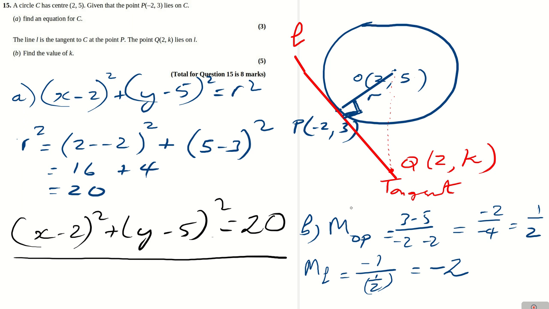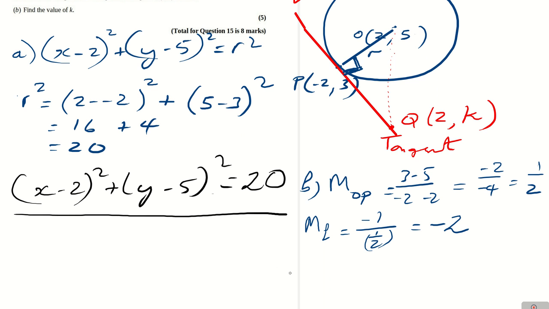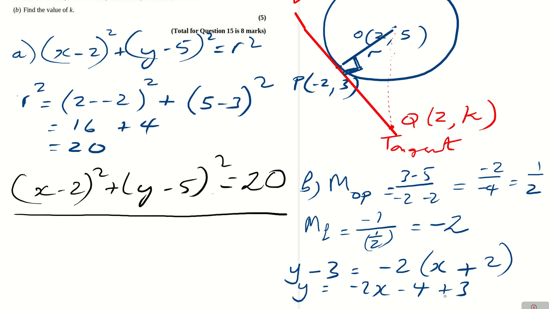So the gradient of the line L is −2, and we can quite easily find the whole equation of the line: y − 3 = −2(x − (−2)). We then have y = −2x − 4 + 3, in other words, y = −2x − 1. And that's the equation of line L.